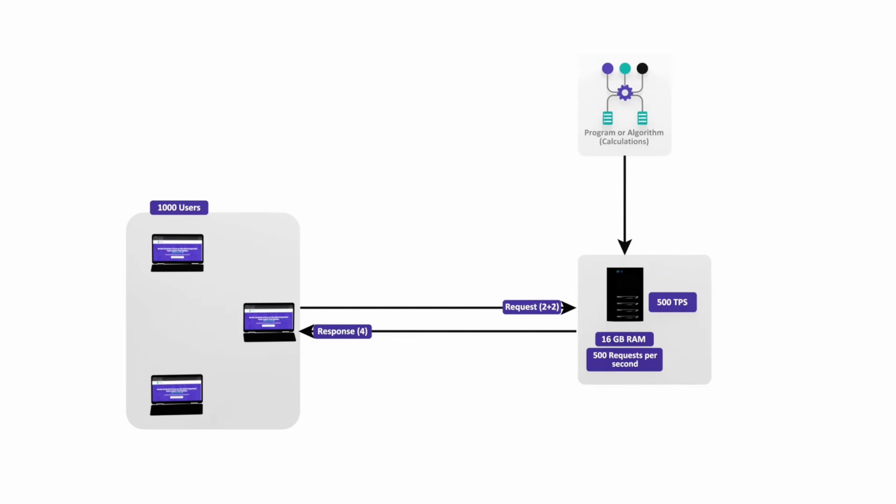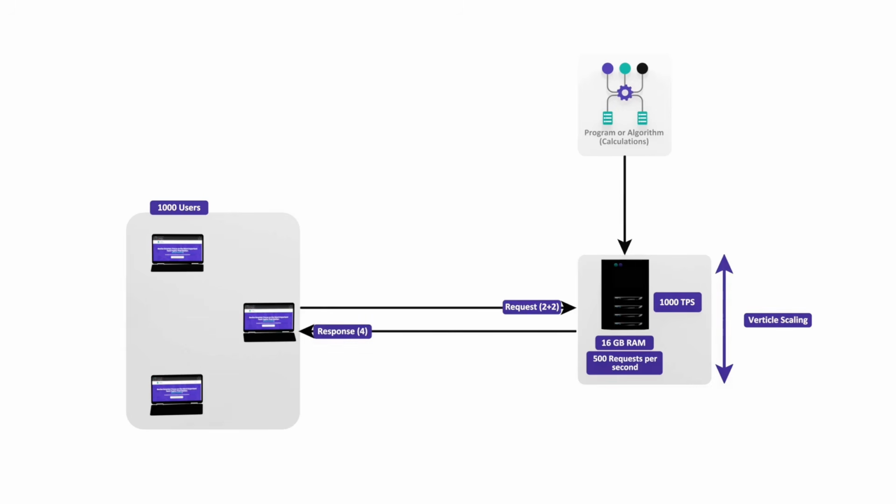Now the TPS will be 1000 TPS, because we have doubled everything. We have not added a new server, but we have done scalability by upgrading the existing server. Now our server is bigger, and this concept is known as vertical scaling. Vertical scaling means we are not adding a server, we are just upgrading the existing server.